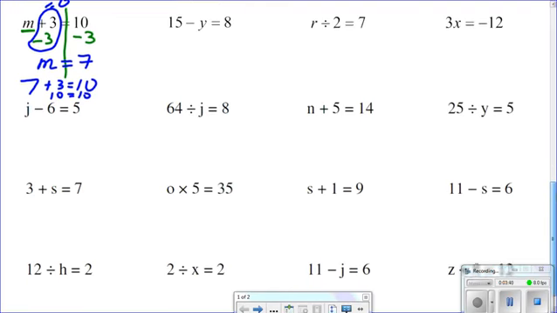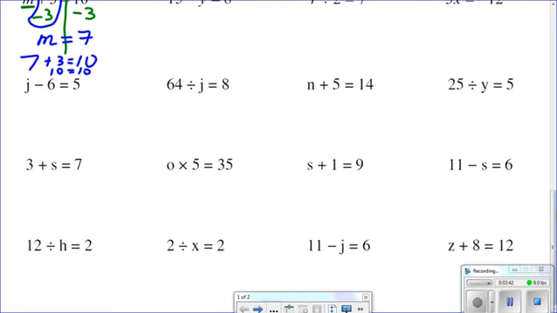Okay, if we jump down to the second one, j minus 6 equals 5. So j is the variable that we need to figure out. So j, so something take away 6 equals 5. We're going to do the opposite. So instead of take away 6, we're going to add 6. And whatever we do on one side of the equation, we're going to do the same on the other. I said 6, and then I wrote 5. There we go.